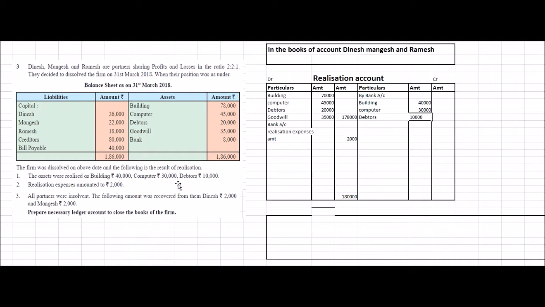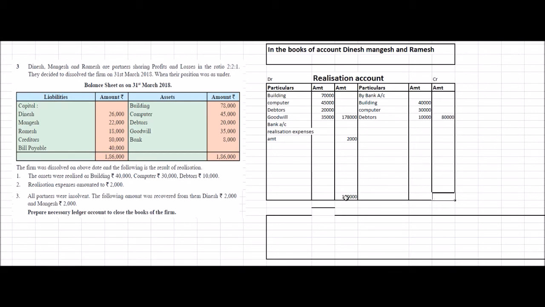These are the assets that are sold. So 40,000, 30,000 and 10,000, and the total amount is 80,000 rupees here.